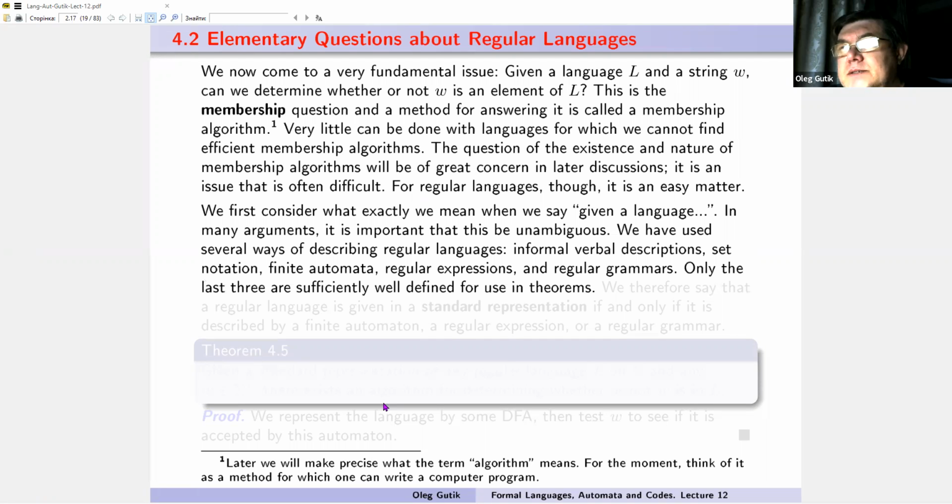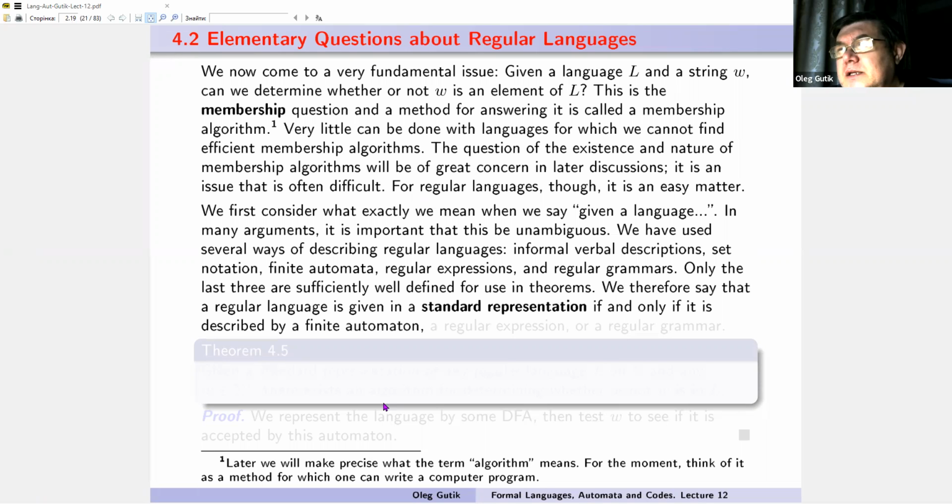Only the last three are sufficiently well defined for use in theorems. We therefore say that a regular language is given in a standard representation if and only if it is described by a finite automaton, a regular expression, or a regular grammar.